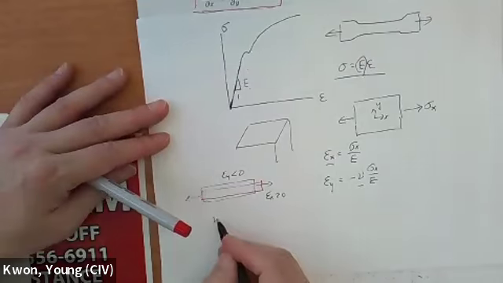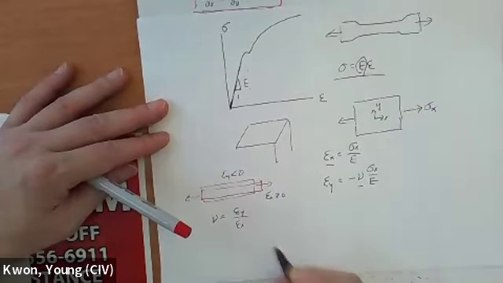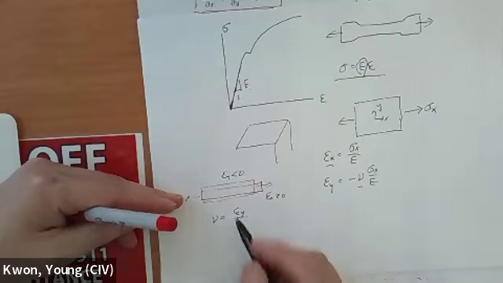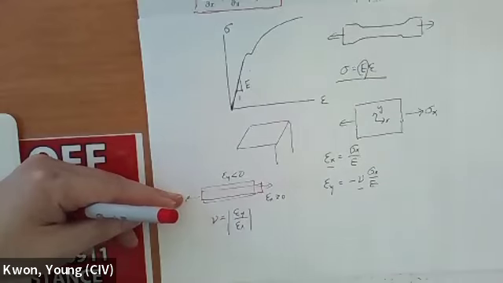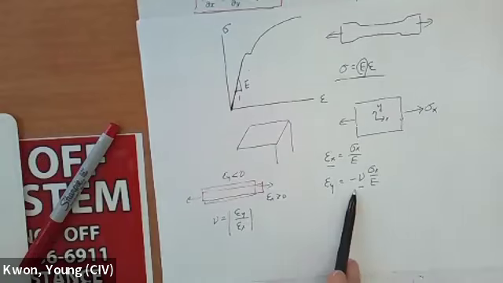So the ratio of epsilon y over epsilon x becomes negative. People didn't like negative, so they define the absolute value, positive. That's why we have a minus sign here.